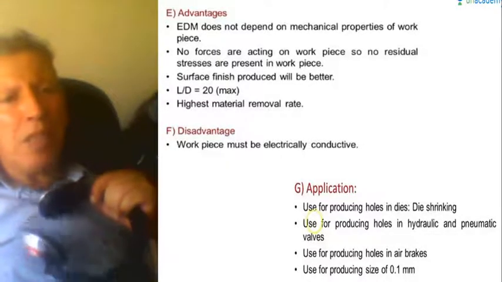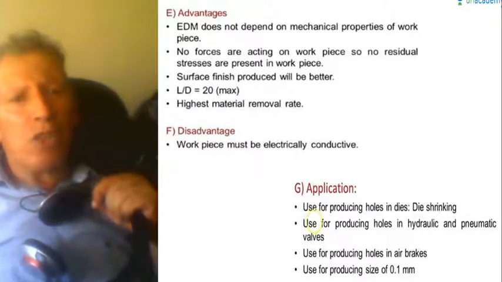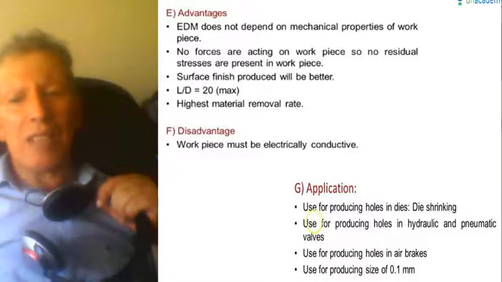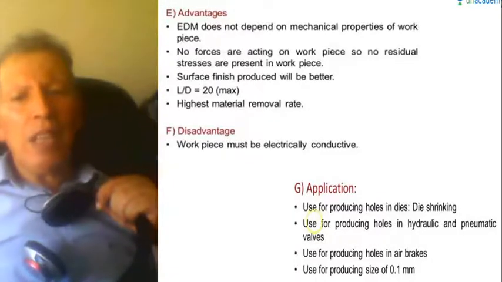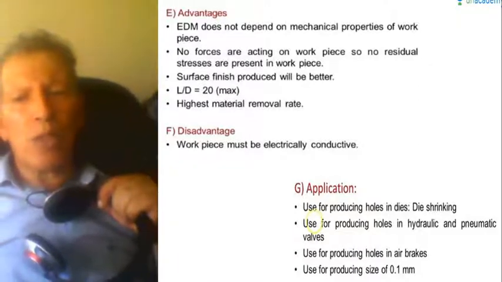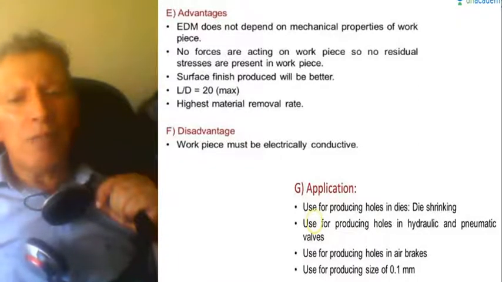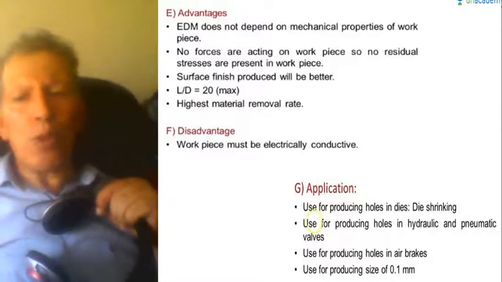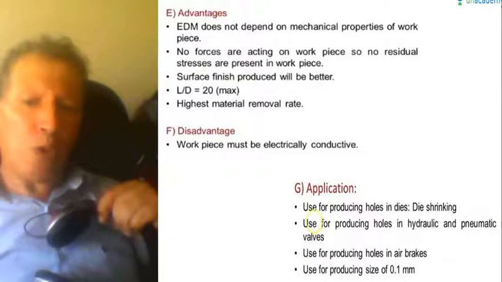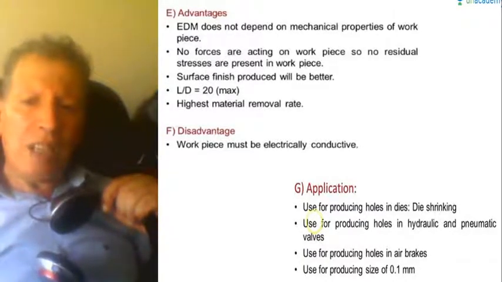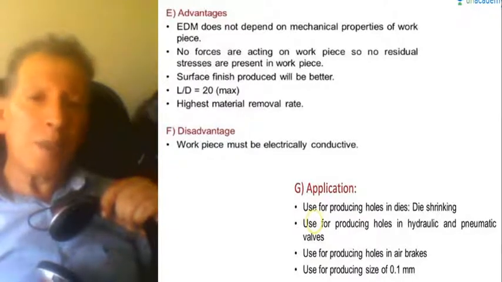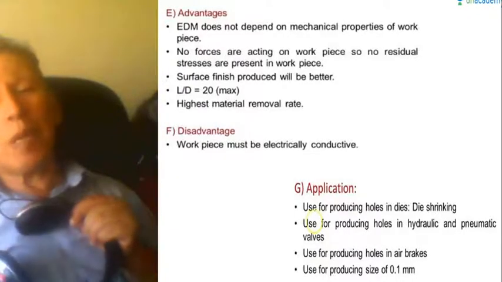This technique, electric discharge machining, can be used when producing holes in dies or die sinking. It is used for producing holes in hydraulic and pneumatic valves, for producing holes in air brakes, and for producing sizes less than 0.1 millimeters. So it has a number of purposes.